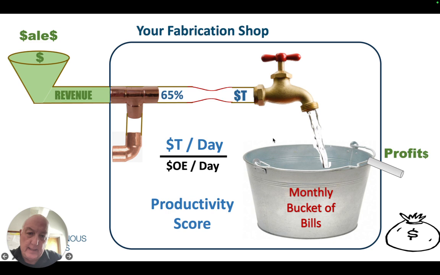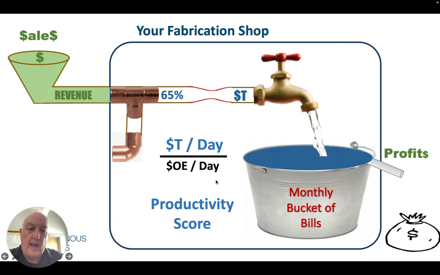So, last time we talked about the productivity score as T dollars per day over operating expense. And remember, the operating expense is your monthly bucket of bills. It includes all of your labor, all of your energy bills and payments that you make for insurance and everything else. The only thing it doesn't contain is the money that goes out to your suppliers.